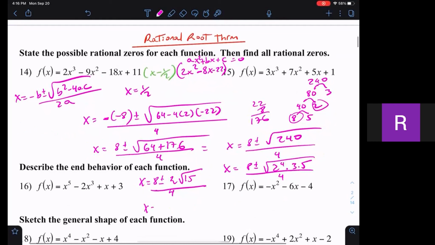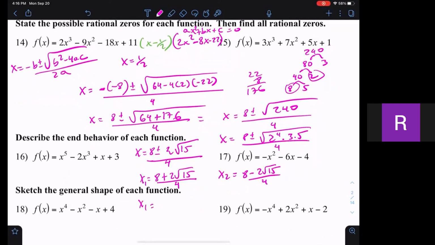So one answer is positive, one answer is negative, right? 8 plus 2 root 15 over 4, and then the other answer, x2 equals 8 minus 2 root 15 over 4. Actually, we can simplify that further. You can factor out the 2, and then we get 4 plus root 15 over 2.